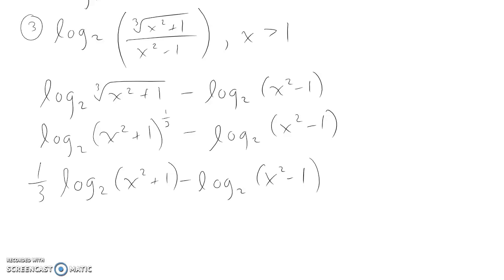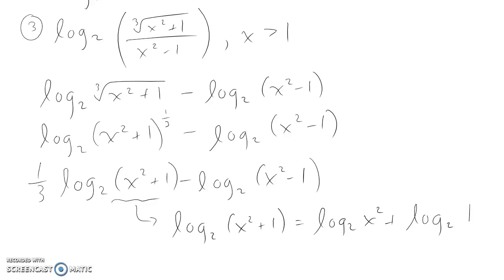Are we finished? We are. Beware. Be very, very careful. We cannot take this log base 2 of x squared plus 1 and separate it up. A lot of people make this mistake when they're first learning about logarithms. They think that they can distribute the log. The log itself is not a number. It's a function.